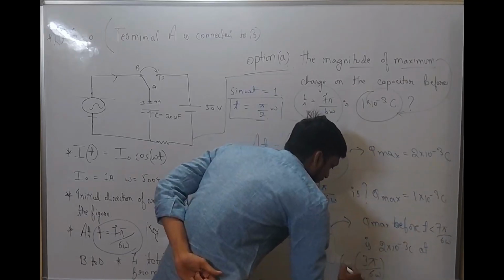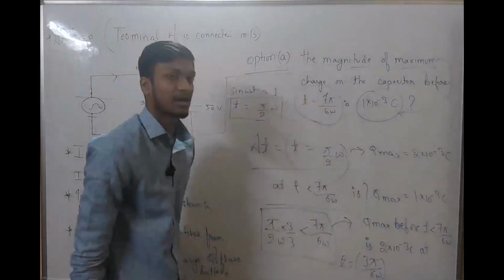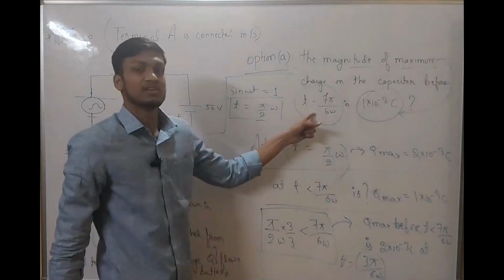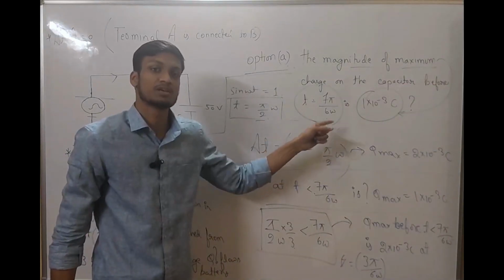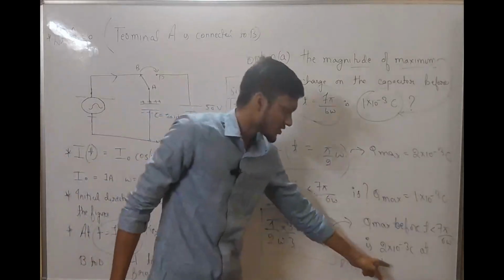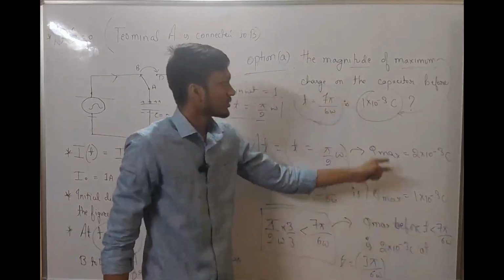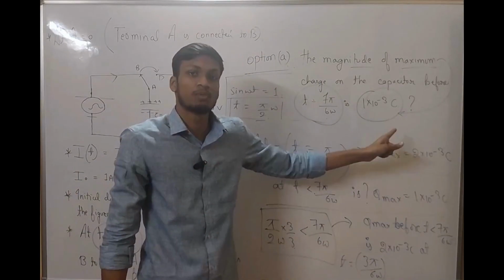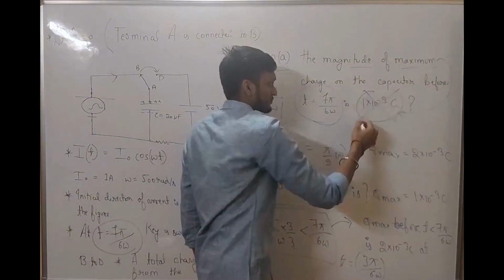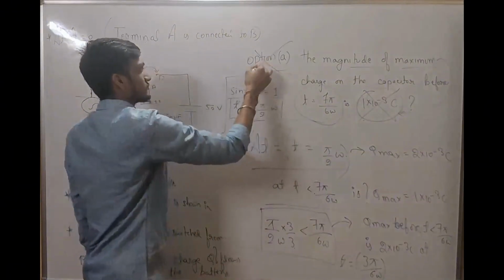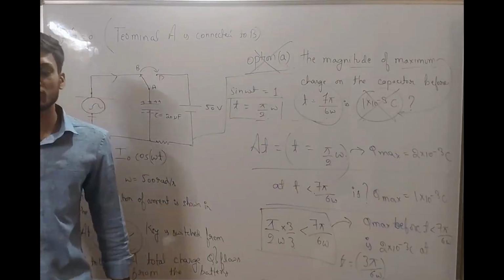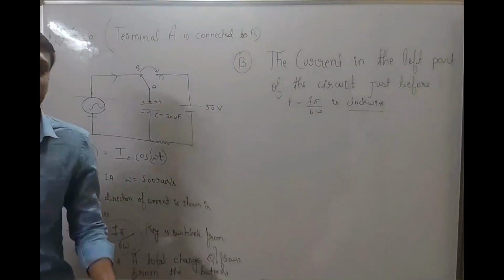Therefore, this option is not correct. The maximum charge is 2 into 10 to the power minus 3, but the option says 1 into 10 to the power minus 3. It is just wrong. Moving on to the next option.